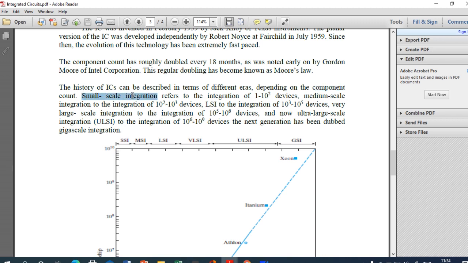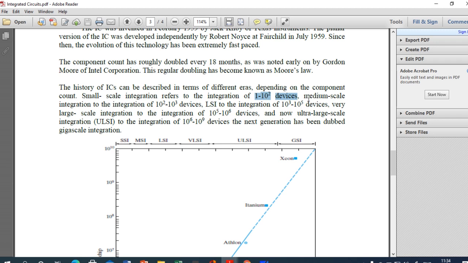One is small scale integration. Small scale integration refers to 1 to 10 squared devices, meaning the maximum number of transistors placed in this integrated circuit is 10 squared, which is 100.